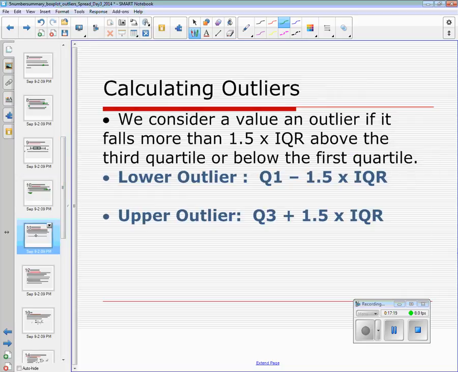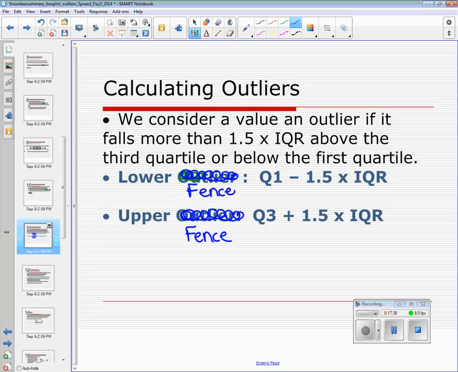An outlier test is found by finding what are called the fences. There's a lower fence and there's an upper fence. These are the formulas.